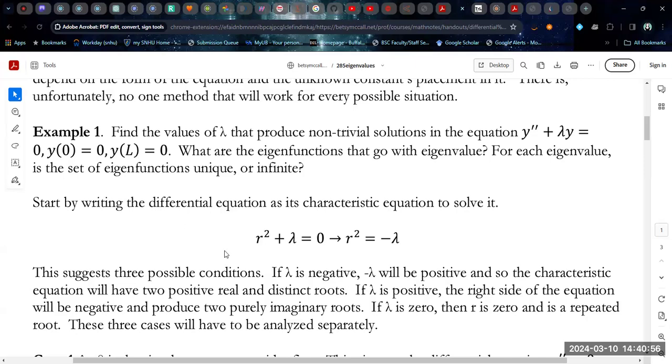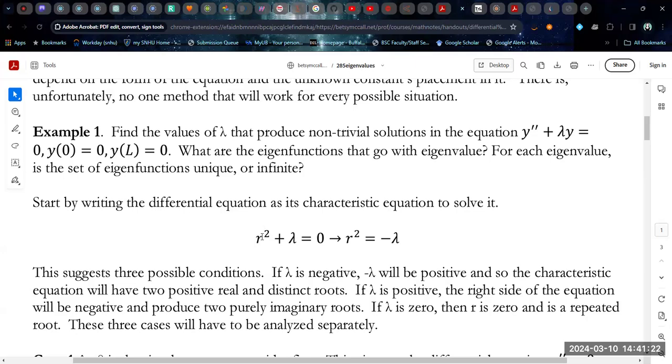So we're going to begin by writing the differential equation as its characteristic equation. We're making the same initial assumption that we would for any other second order homogeneous equation of this type: we're going to assume that we have y equals e to the rt as our function, with some unknown coefficient.